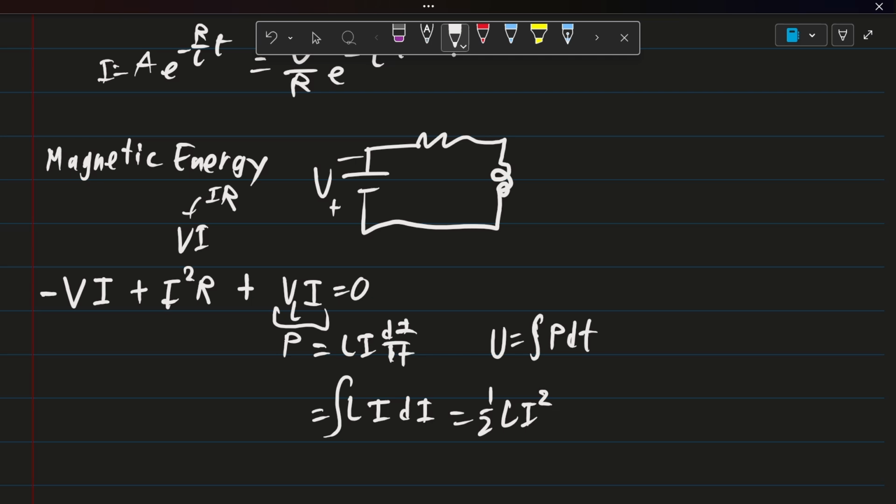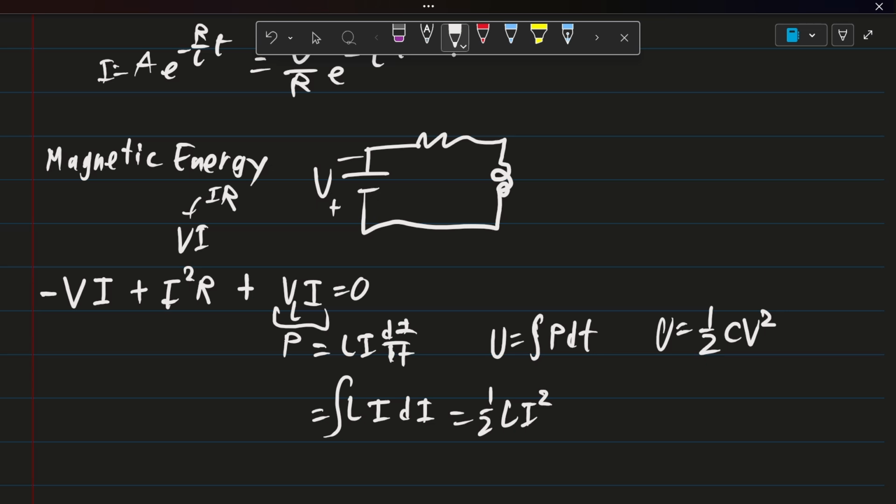This seems familiar because this is very similar to our energy of half C v squared for capacitors. So it turns out that inductors also store energy in the form of the magnetic field.